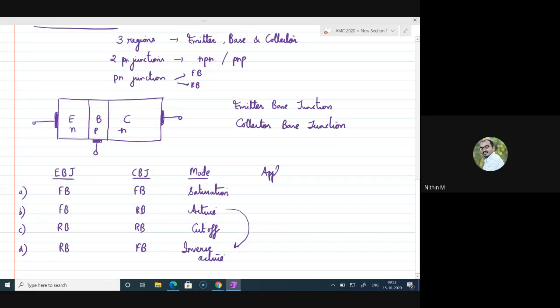Now, if you look for application, I'm seeing the response. So both junctions are forward bias. Then, Jessica, can you tell me how I can use this BJT in all these four different modes? Jessica, are you there?